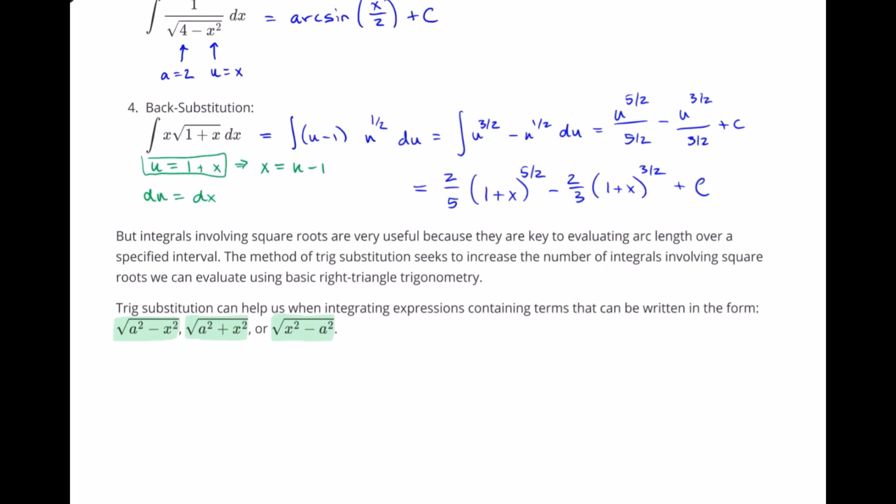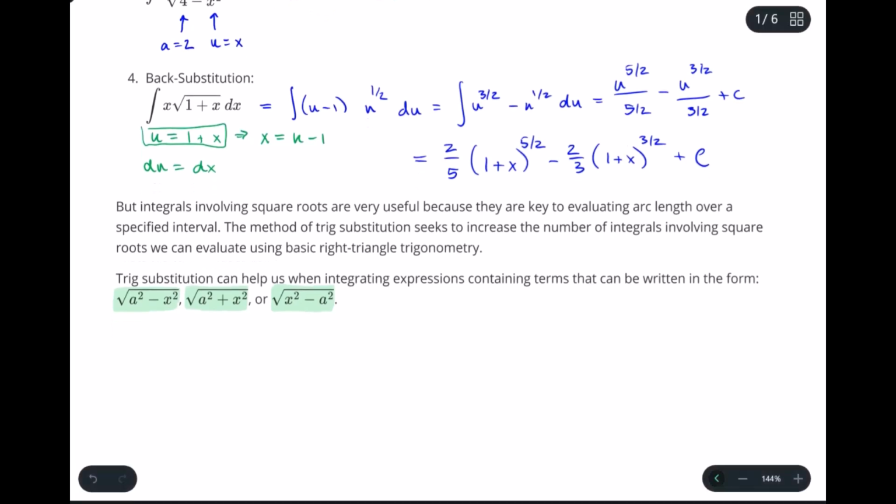So let's take a look at what this is and how it would work. So we have this first example here. We have an integral 1 divided by the square root of 9 plus x squared dx.